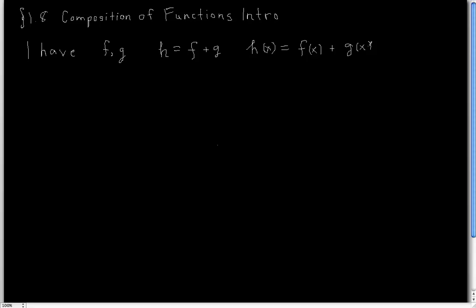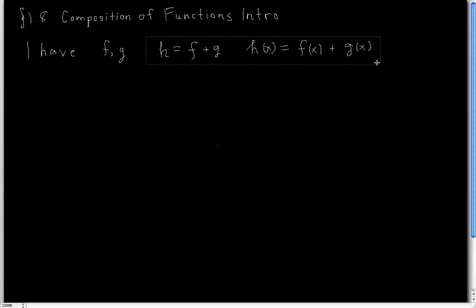So these two statements may seem exactly the same to you, but really the first statement is telling you that h is the sum of these functions, and this one is telling you exactly how to find h of x for a particular number x. Okay, but like I said, this is not what a composition of two functions is.